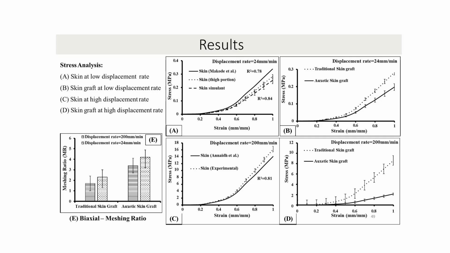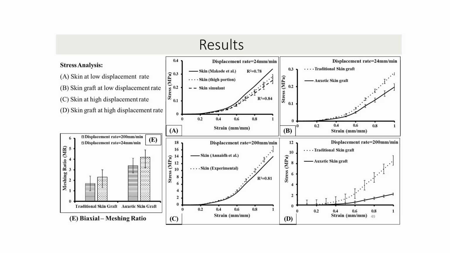So we tested the skin from the thigh portion. This is plot number 1 on the top, right? This is from Makode et al., where the original human skin properties were tested. Skin from the thigh portion was tested, and then a skin simulant material which we had developed earlier, shown in the different lectures, was also tested, and we could see some similarities.